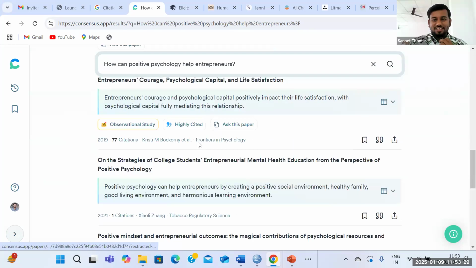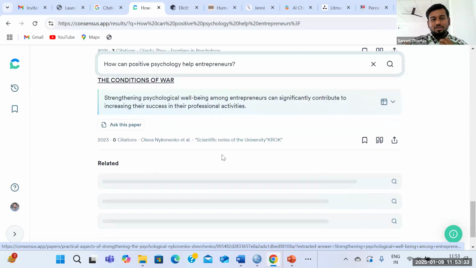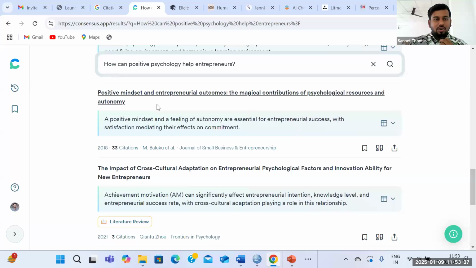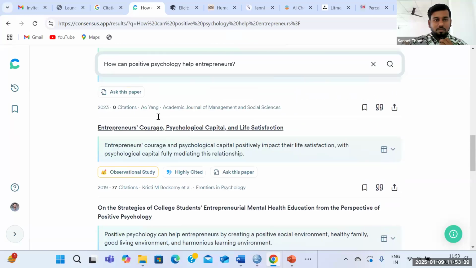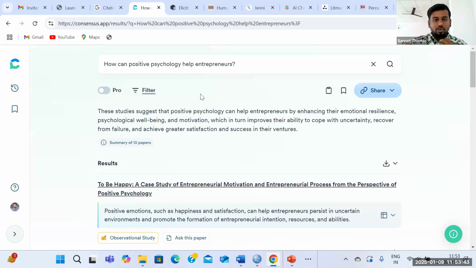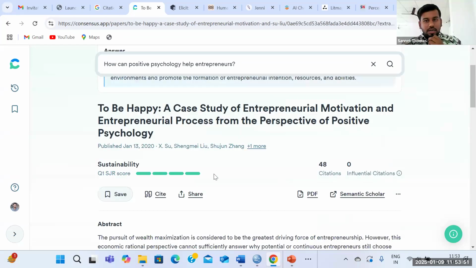So these are the articles, the studies which happened on this particular topic. You can go through each article. You will get an idea of your topic, and also from each article you will get different insight, and it will redirect to the different citations also.